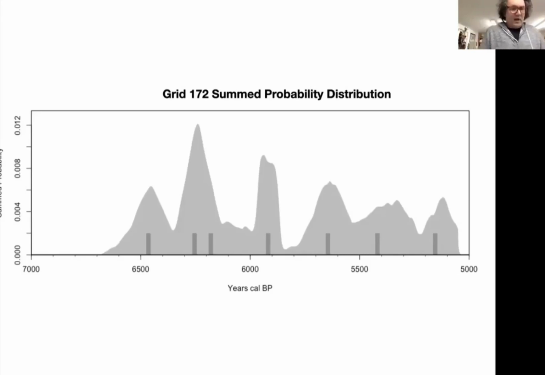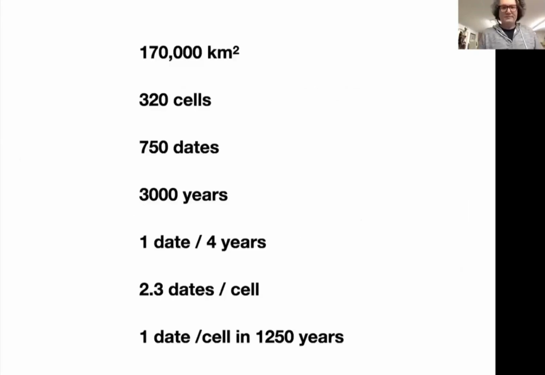Okay. So we compiled a database of 141 sites with radiocarbon dates from the Neolithic to the Copper Age. The study area was divided into grid cells. We collected around 820 dates, but some were discarded because of problems.